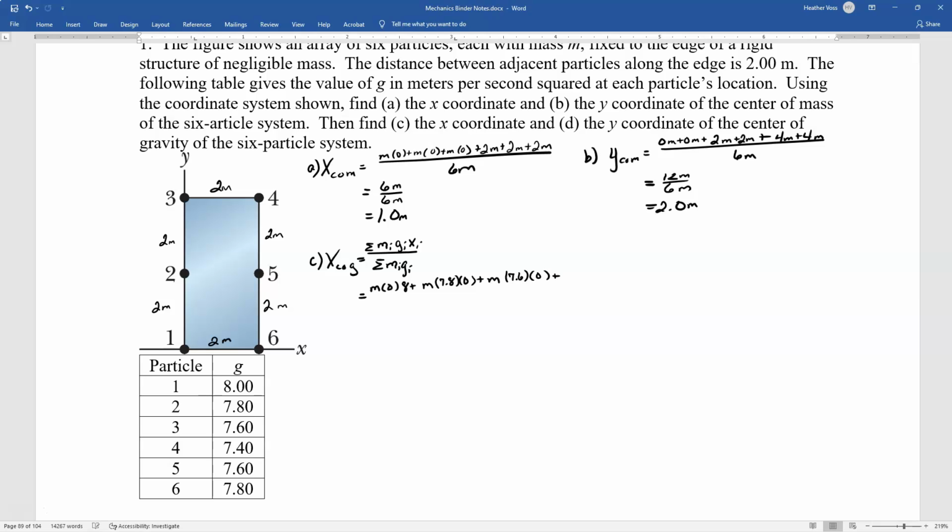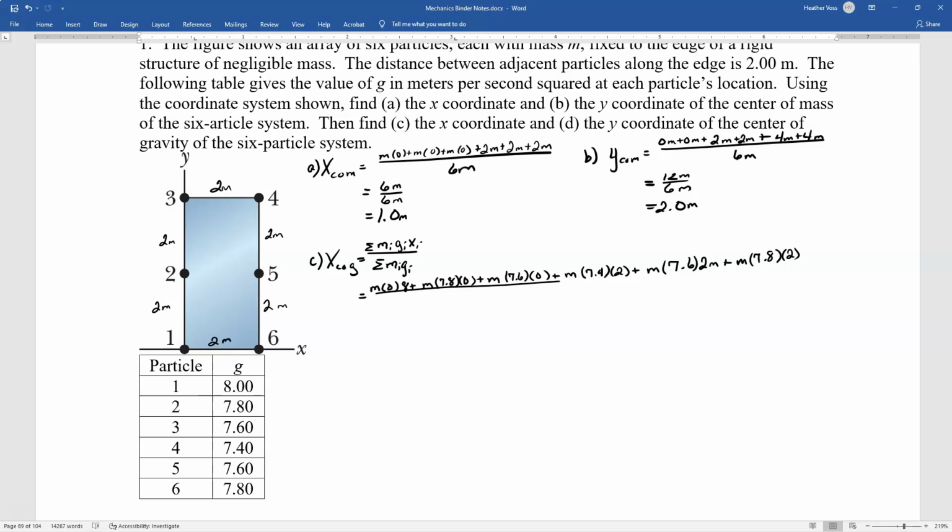For 4, I'm going to have mass m, my g is 7.4, and I'm at 2 meters in the x direction. Then for 5, I've got mass m, my g is 7.6, and I am 2 meters in the x direction. And then for 6, I've got a mass of m, 7.8, and I am 2 meters in the x direction.